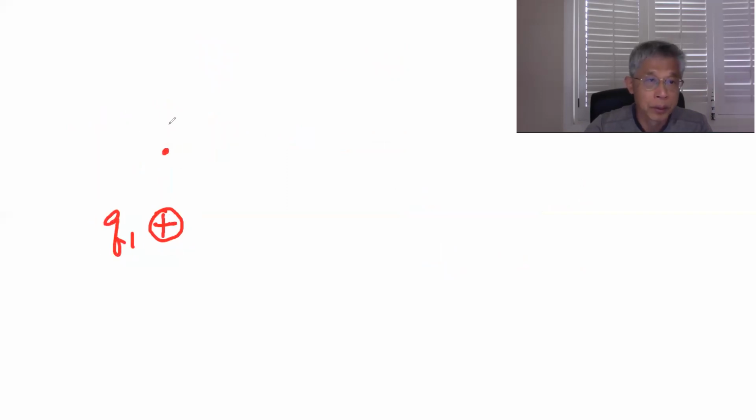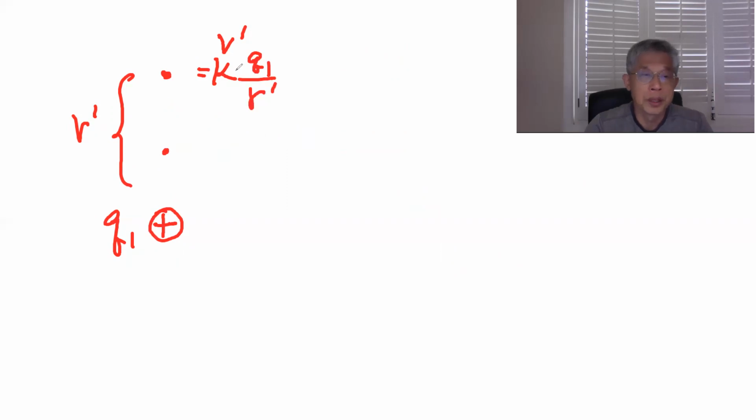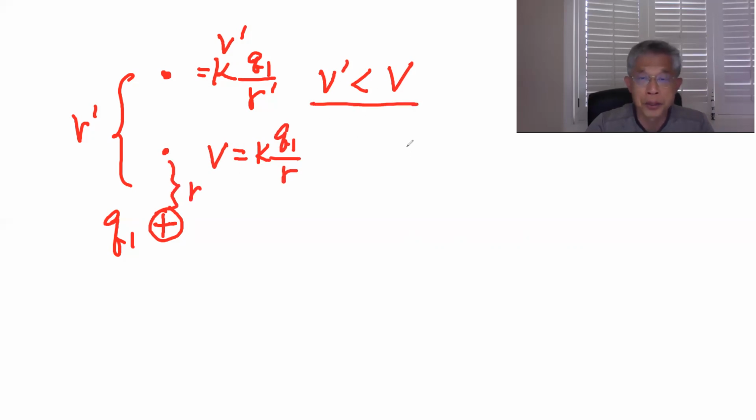At this position, V prime is equal to K Q1 divided by R prime, and V prime is less than V, where V is equal to K Q1 divided by R. R prime is smaller, so this is high V and this is low V. Now if I put a negative charge there, it would like to go this way.